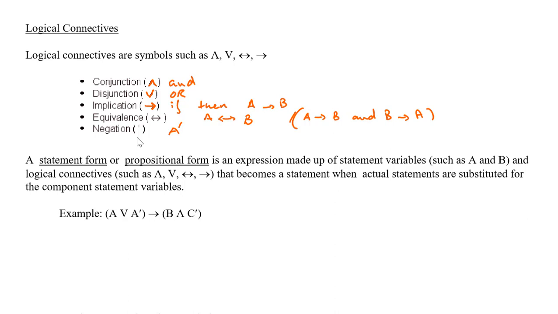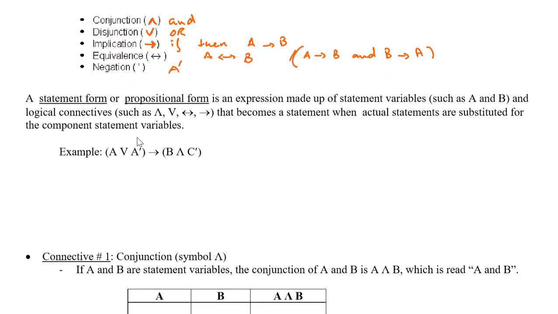So statement form or propositional form is an expression made up of statement variables such as A and B and logical connectives, so and, or, implies and so on. That becomes a statement when actual statements are substituted for the component statement variables.